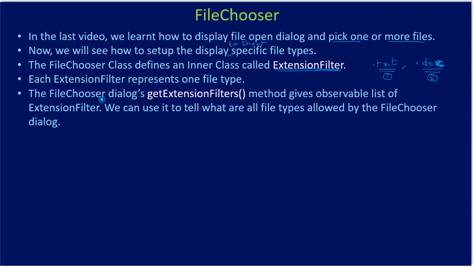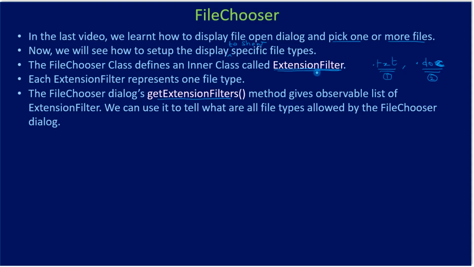So the FileChooser dialog will make a call to show open dialog to display the file open dialog. Before that we have to set the extensions. So what we will do, we will make a call to get extension filters.